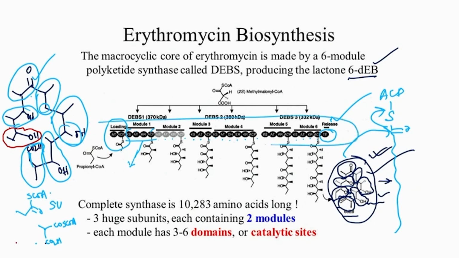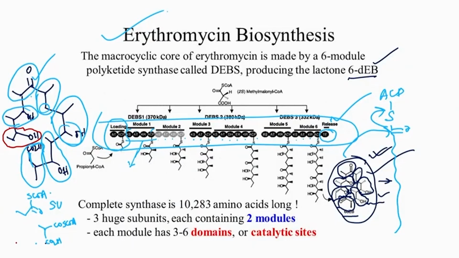See, now we have these modules and there are scientists, like there is one Indian scientist, his name is Chaitan Khosla, and he has many YouTube videos about polyketide synthesis, especially erythromycin biosynthesis. What he has done, suppose I take this thioesterase domain and put it after module 2, then what will happen? Module 1 reactions will take place, module 2 reactions will take place, then the molecule will be released.